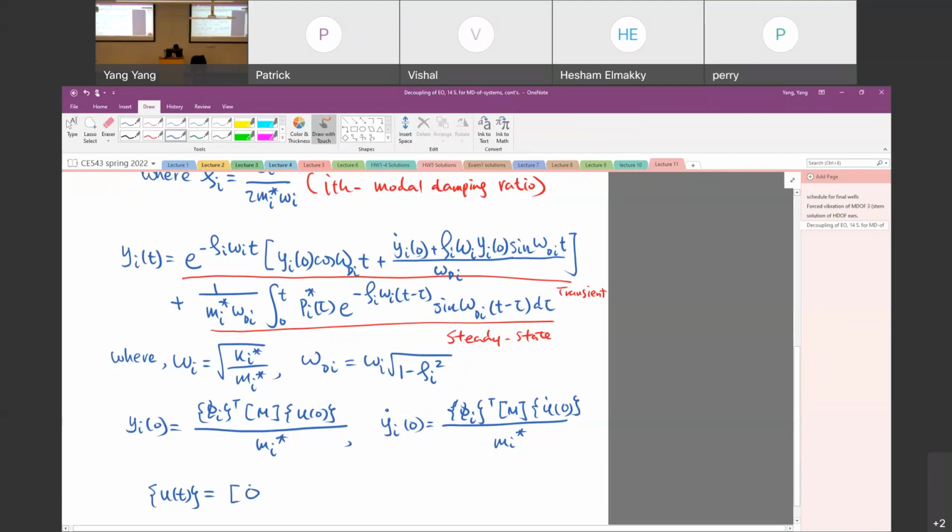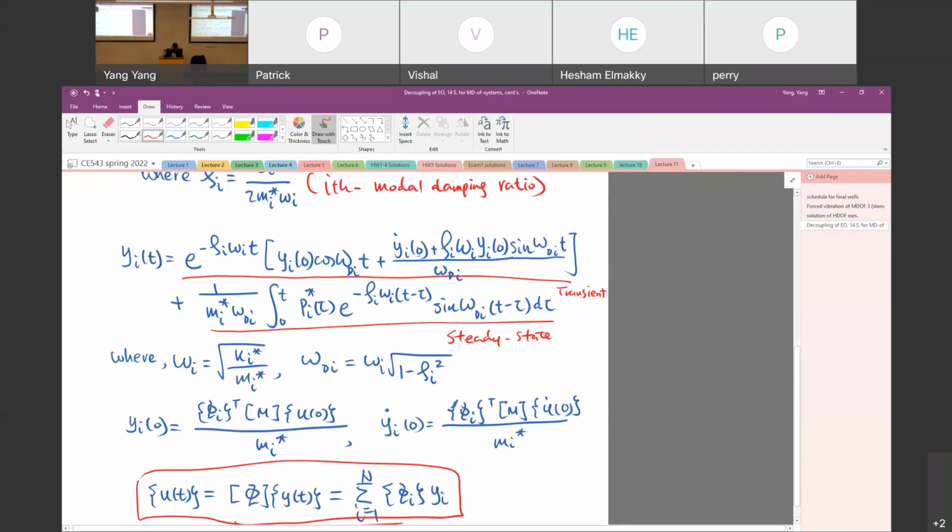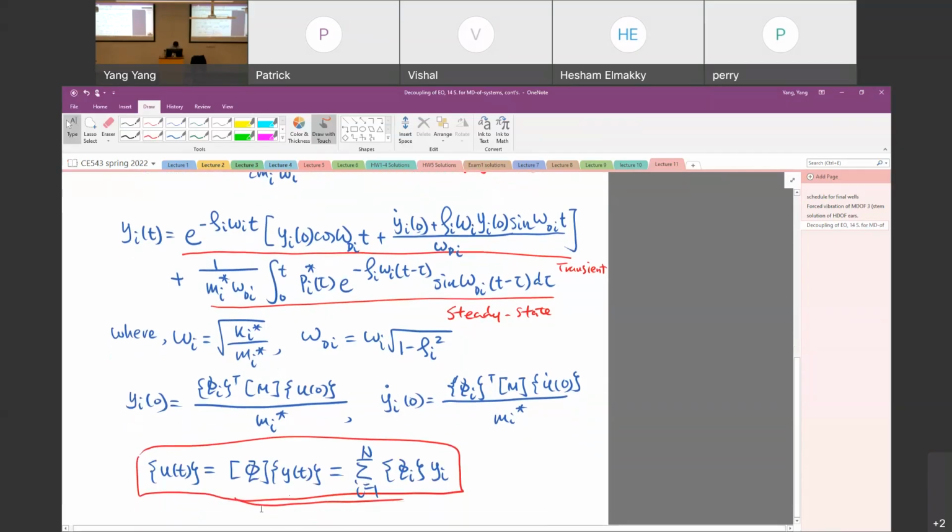Is equal to the sum. That's how we calculate the response of the MDOF system.